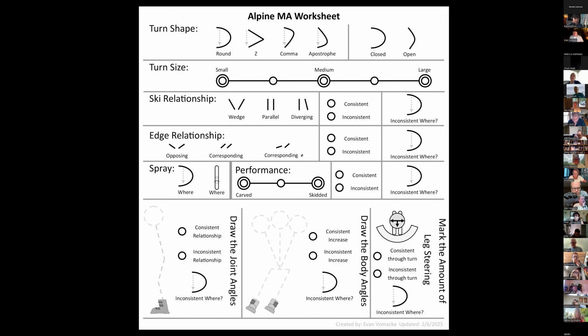Now, the next step after we go through and make our observations, I see this, I see that, is we start bringing in that evaluation piece. Is this the ideal? Or is it away from that? Or is this just the reality of that skier?